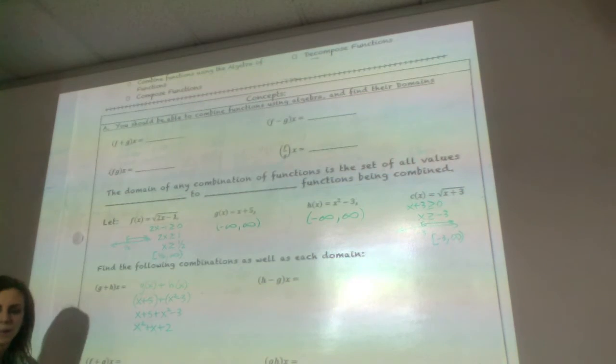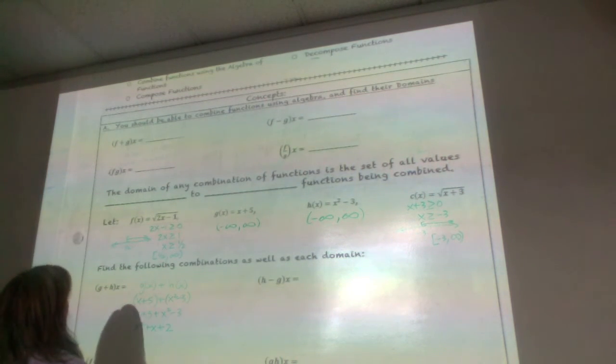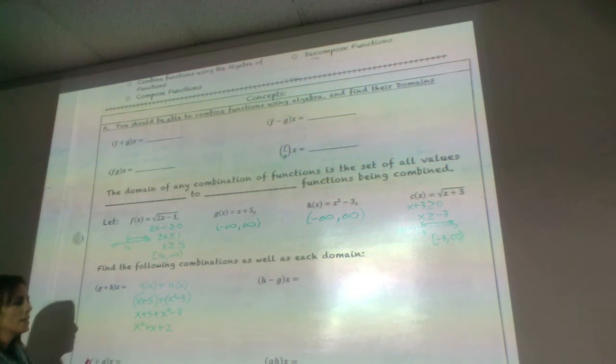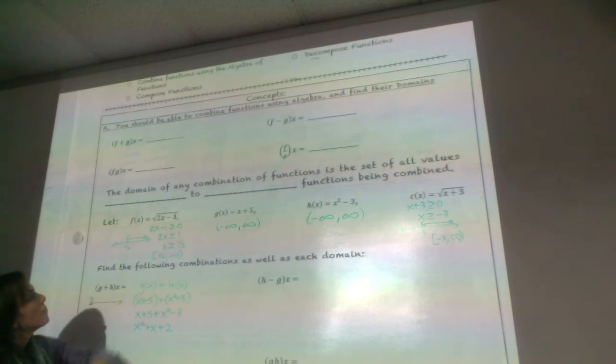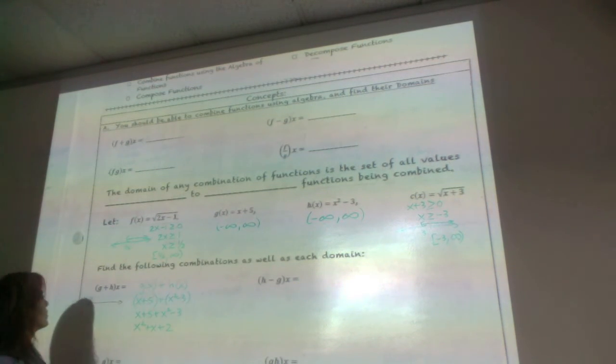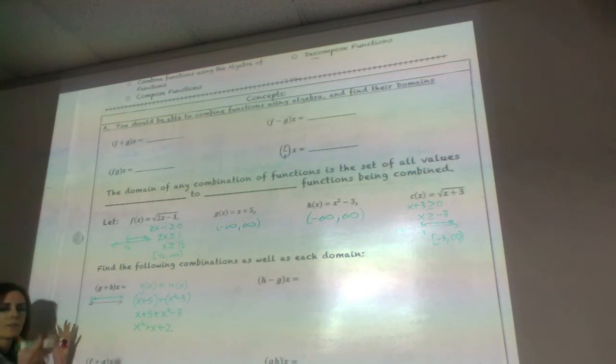Now what I want to think about is my domain. All right, let's look at what the graph looks like for the domain of g and the domain of h. If I'm thinking about g of x, we know that the domain is from negative infinity to positive infinity, otherwise known like this, right? Everything.